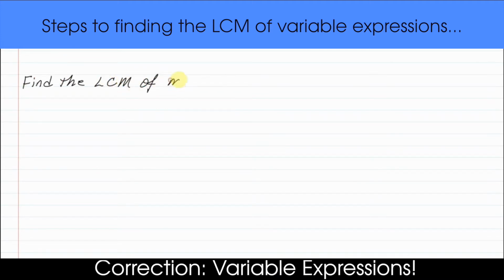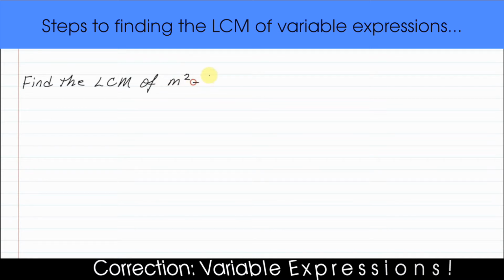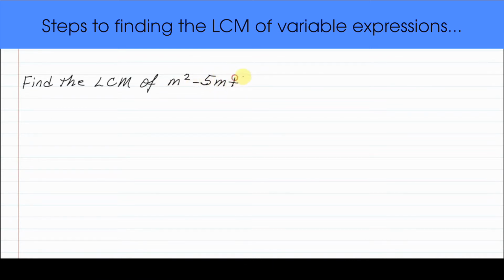Suppose we want to find the LCM of these two rational expressions, m squared minus 5m plus 6 and m squared minus 4m plus 4. Well, same steps.